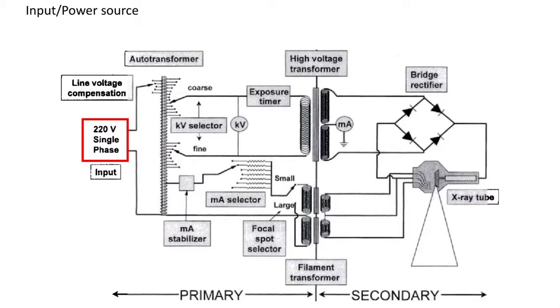So typically you would have a power source which should usually meet the requirements of the operation of our X-ray generator according to spec. What's pictured over here is a 220 volt single phase power supply. We will talk a little about what single phase means, but for now we just know that what's pictured in this particular example of an X-ray generator is a 220 volt single phase.